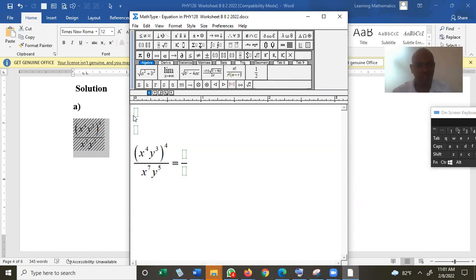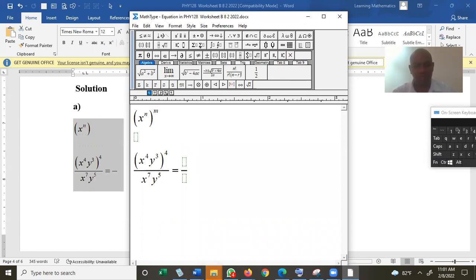So from powers raised, we know that if you have x raised to the power of n, and all of this is bracketed, so to apply powers raised, you must have a bracket, and then there's another power or another exponent outside.